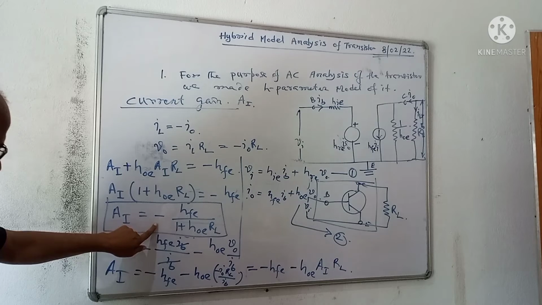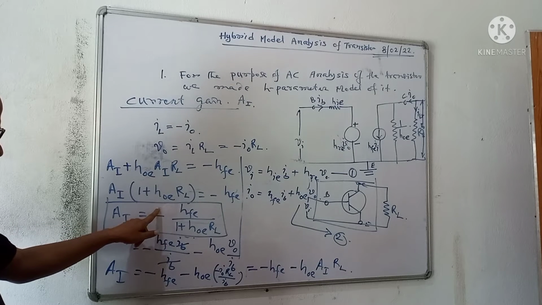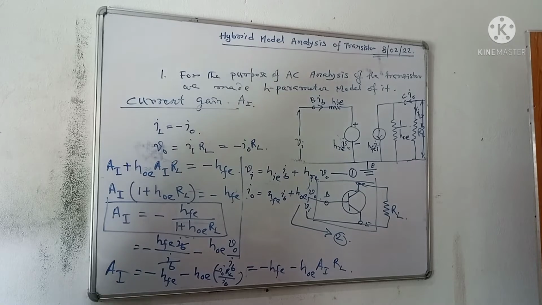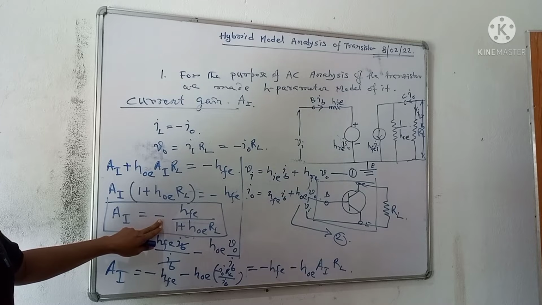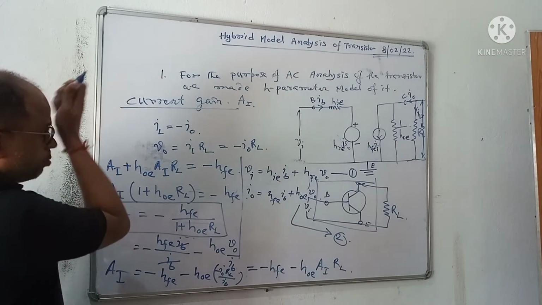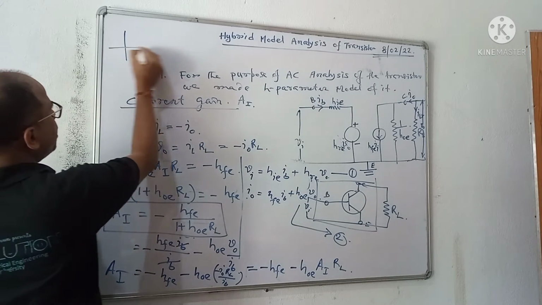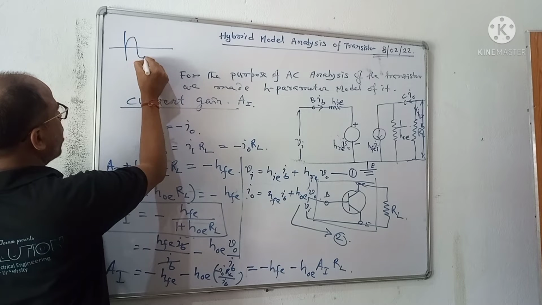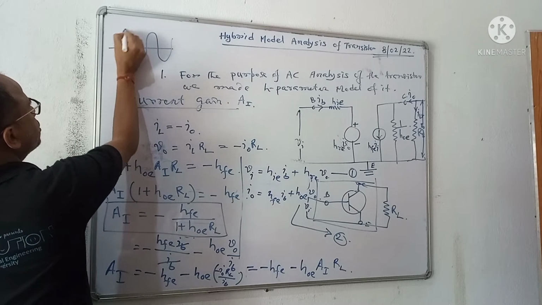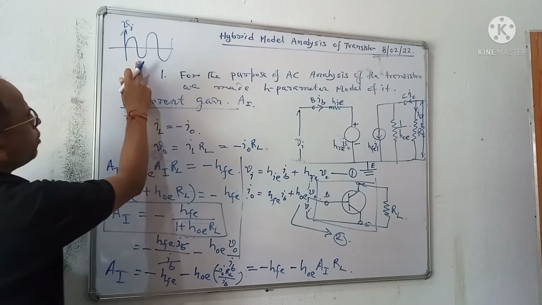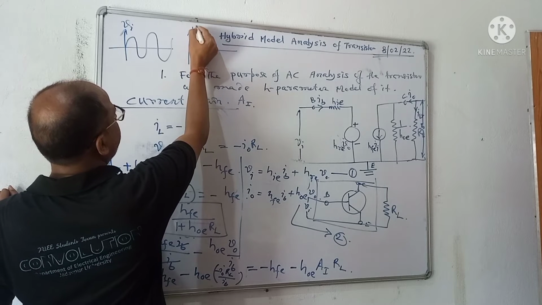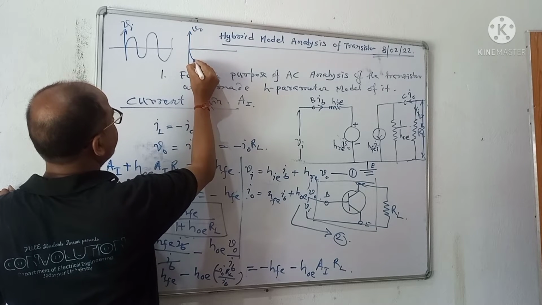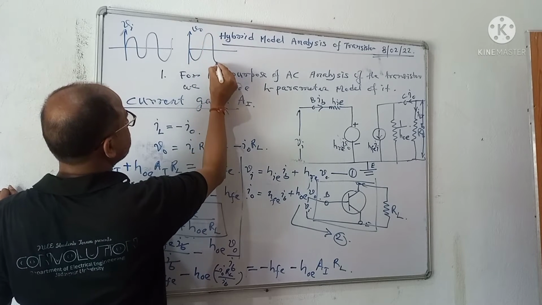Now next, here you see the negative sign. What is the meaning of the negative sign? The negative sign means 180-degree phase shift. If the input is this one, the VI, then the output will have a 180-degree phase change.